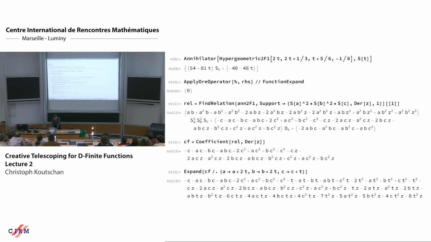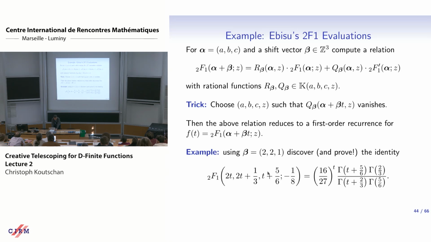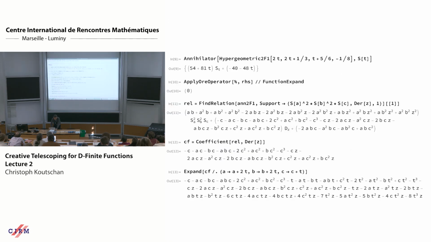A goes to 2t, b goes to whatever we have here, this substitution. And we get that, well, this satisfies this equation. Or alternatively, you can just plug this expression into the command and you get the same result. And now you apply this operator to the given right-hand side, and you find that it is 0, so it satisfies this recurrence. Then you have to compare one initial value, and you're done.